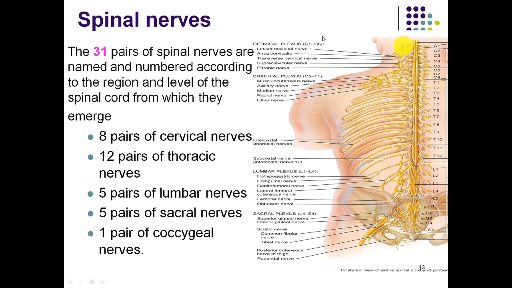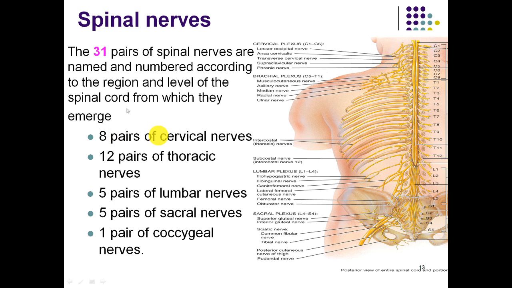Some end up branching off in many places. We'll talk about those later. They're called a plexus. And then some for example, in our thoracic region, are just single nerves that come off. So these match pretty much our spinal column, the vertebral column, with the exception of the cervical.